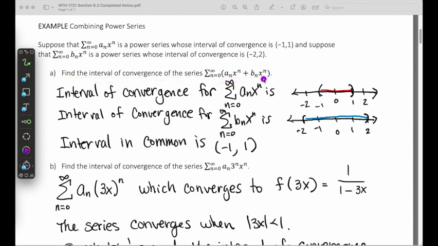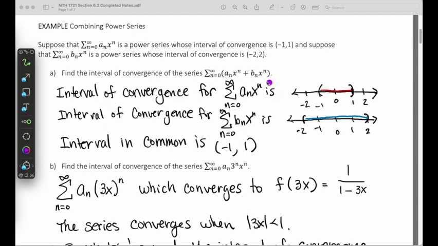So when we add two series together, since we know that they converge, we know that if this converges to f and this converges to g, then when we add them together, it's going to converge to the function f plus g. But then when we're looking for the interval of convergence, we have to look to see what they have in common.